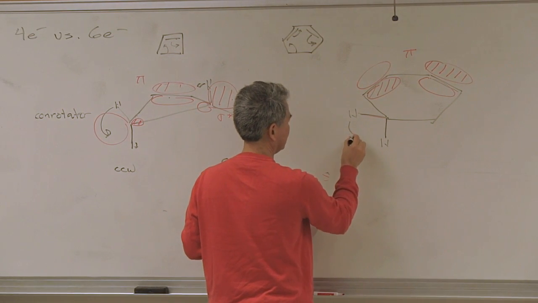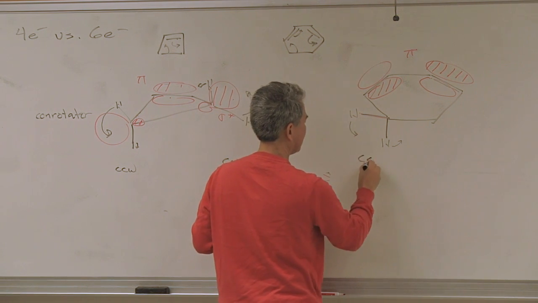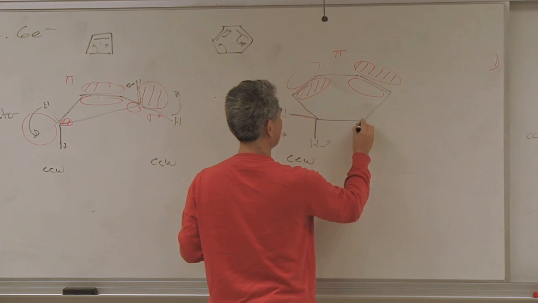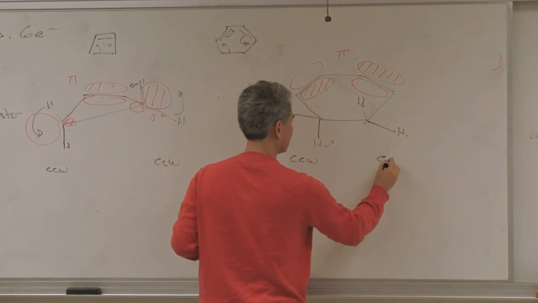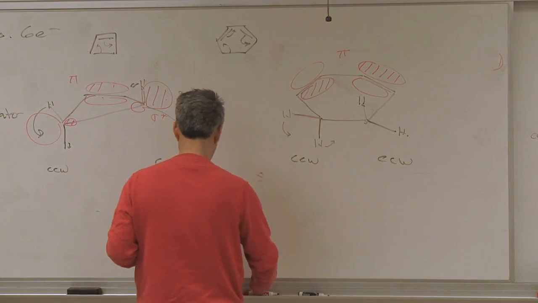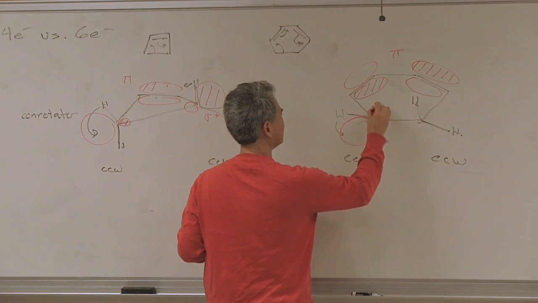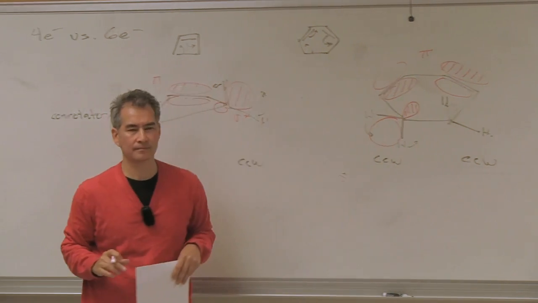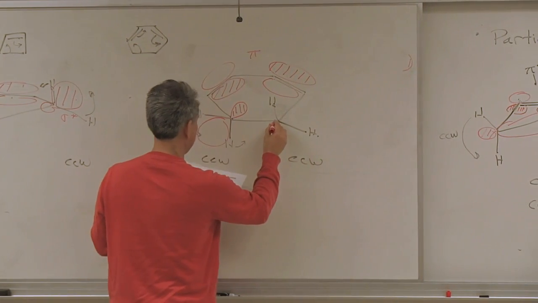So this would be counterclockwise. And this one I'm going to try to distort also counterclockwise. And let me draw that antibonding orbital now. Here's the antibonding orbital, and I'll draw the other end of the antibonding orbital.